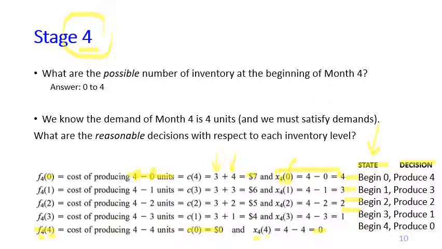If we begin this period with 4 units in the inventory, it equals 0, which means that we are going to produce 0. So this is our recursion function. We are going to find the minimum cost at each stage corresponding to the state and the possible decisions.